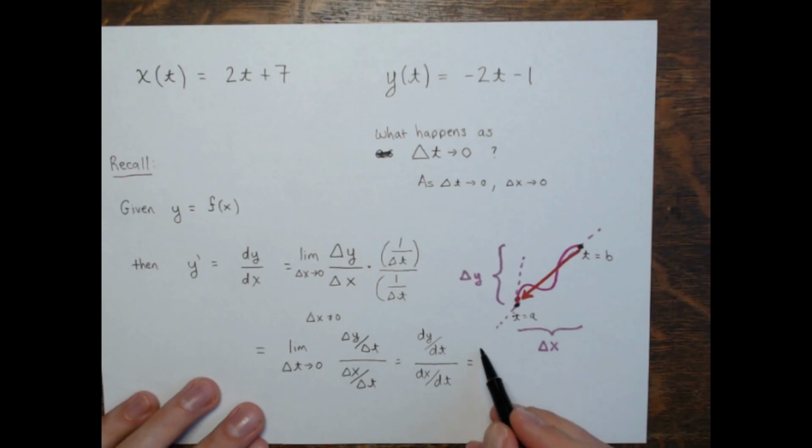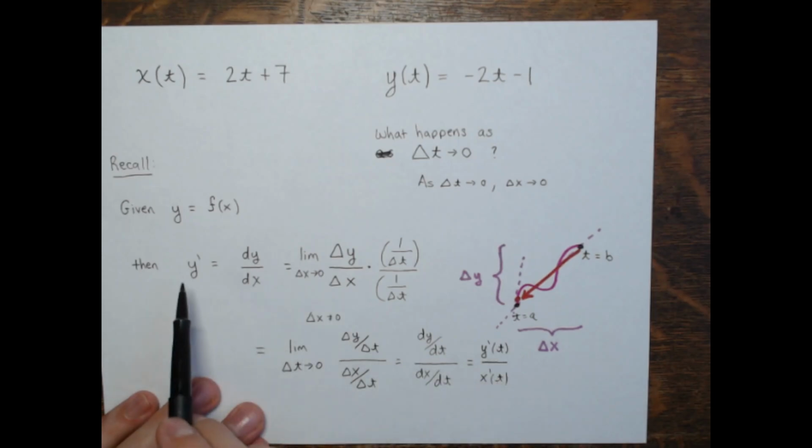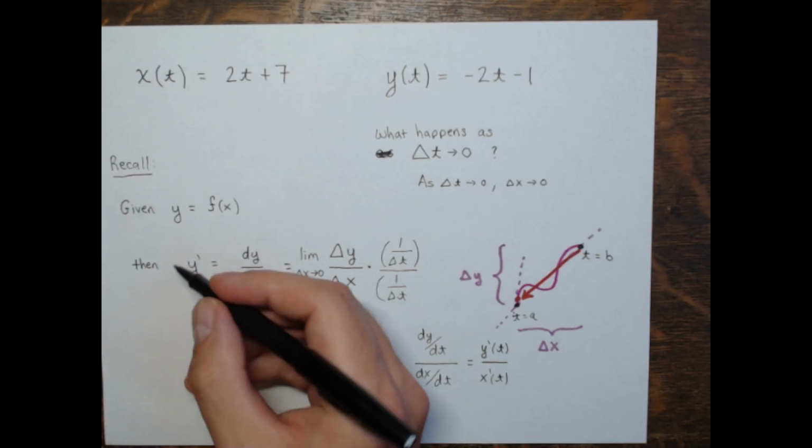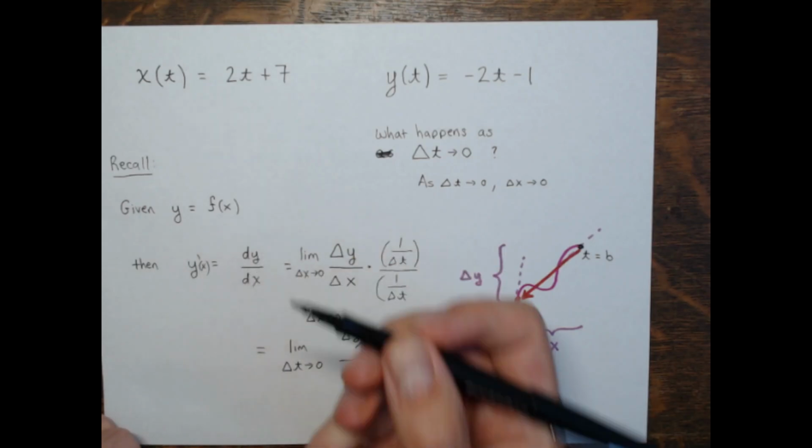Or you could say y prime of t divided by x prime of t. That'll give me y prime in terms of x. I guess I could have called this y prime of x earlier.